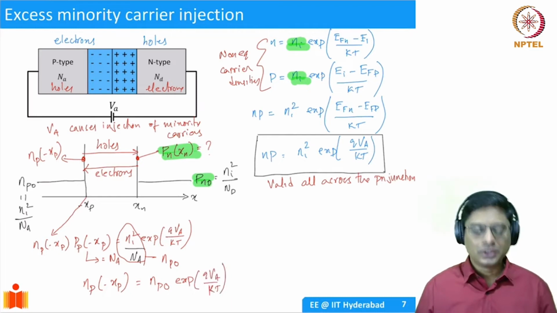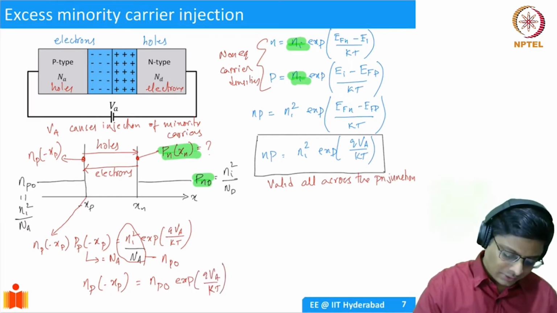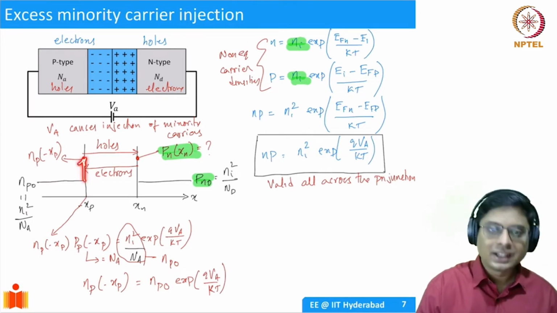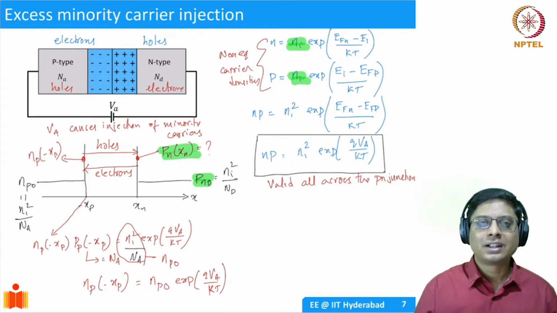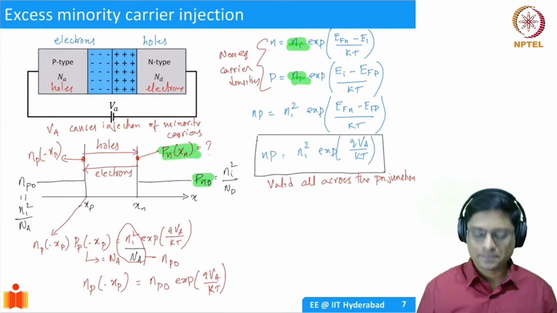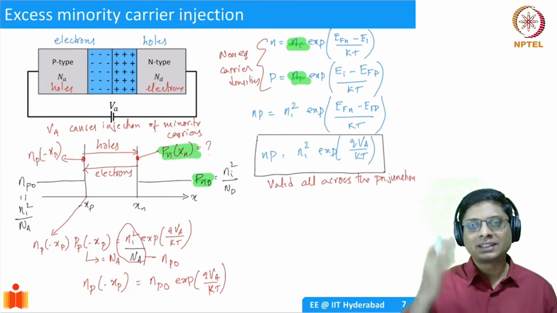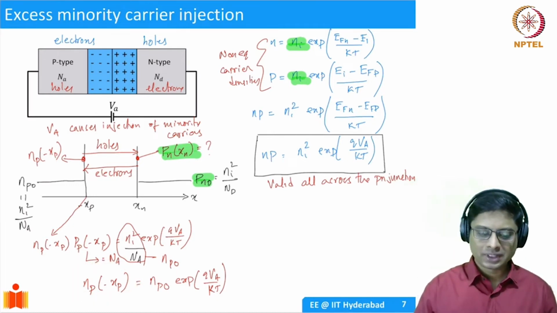That's it. We already know this is the equilibrium electron density. I am taking that and multiplying it by exponential of the applied voltage, qVA by kT. Then I get my electron density at the edge of the depletion region.